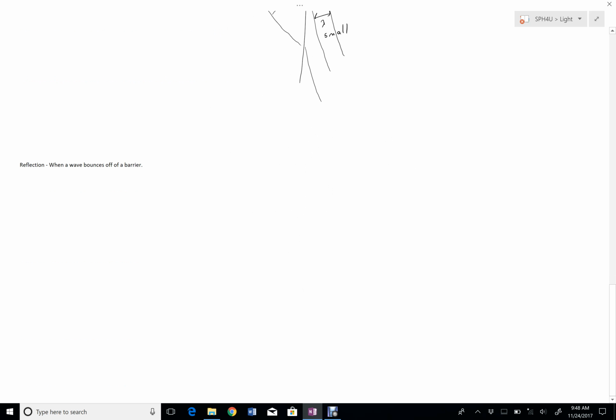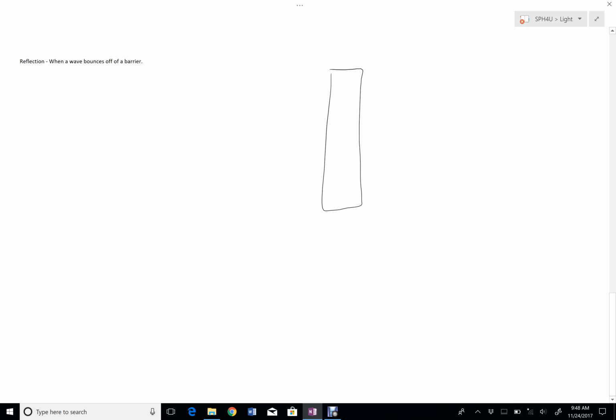Finally, reflection is when a wave hits a barrier of some sort. So here comes our wave in. And that same wave is going to come back out, and it's going to come back out at an angle that's the exact same as the angle that it came in at. This is a little hard to do, so I'll try and do this here. Something like this.